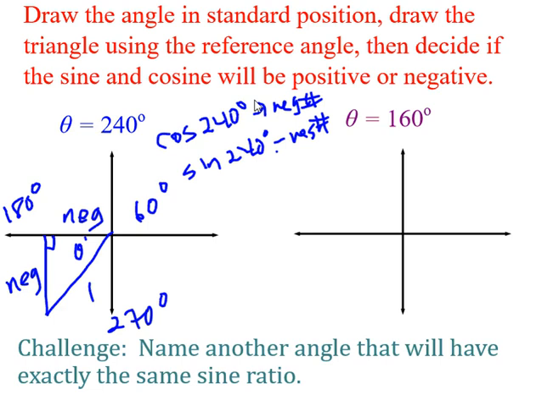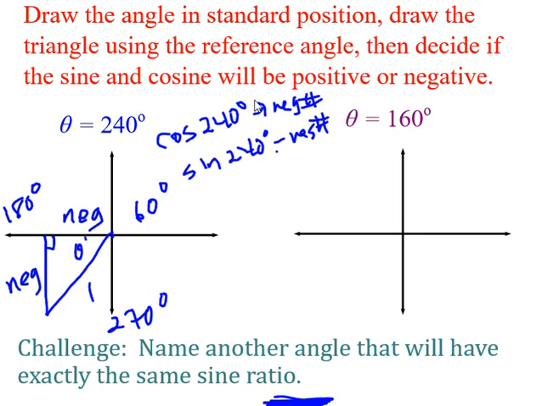For a challenge, another angle that will have the exact same sine ratio, well, it would be the one that has the same reference angle, for sure. But also, for sine, it would have to have the same y value because it would have to have the same opposite side, right? So I'm going to come over here.